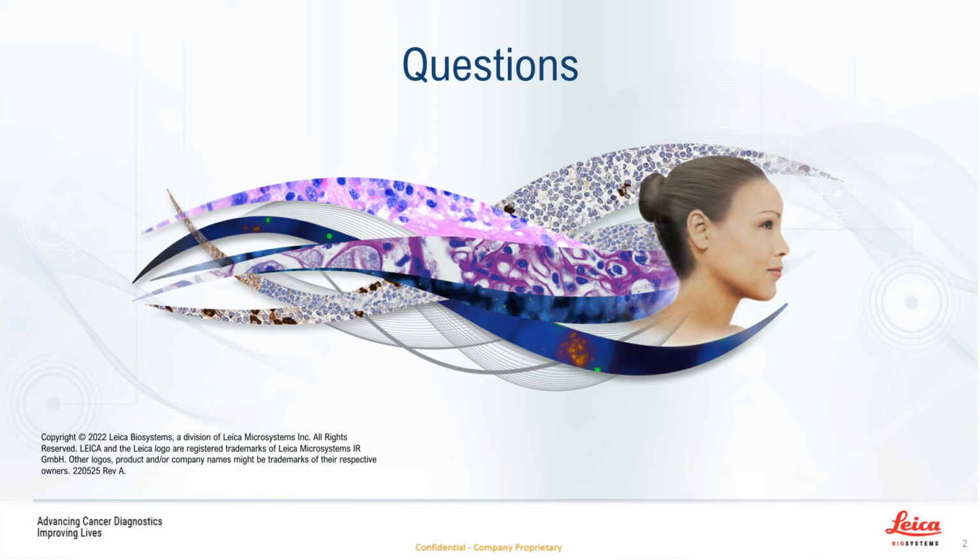Similarly for cytology, the majority of scanners on the market today are optimized for use with tissue. So if anybody's considering using cytology preparations, I would always recommend firstly check with the manufacturer and see if the scanner is suitable for cytology preparations.